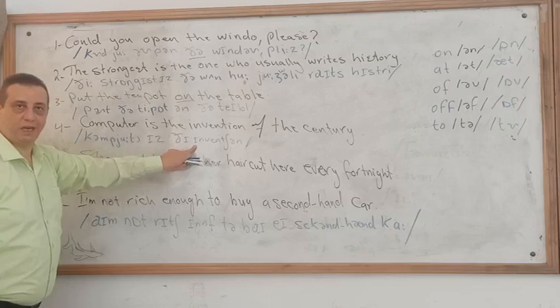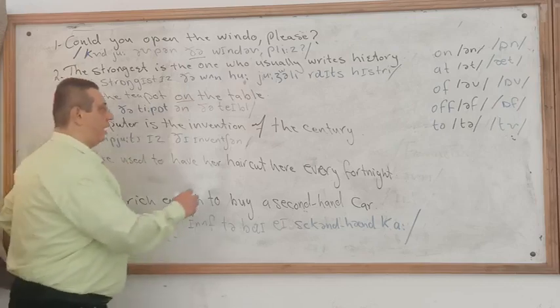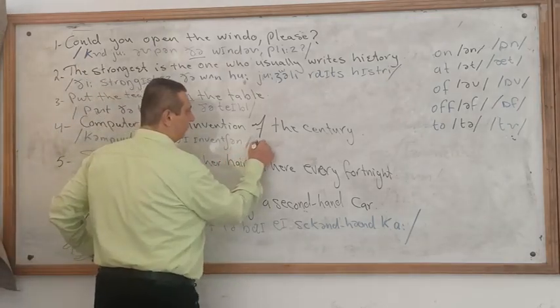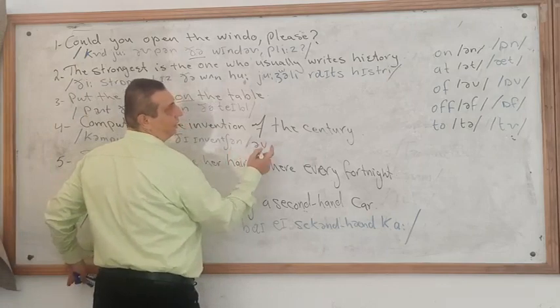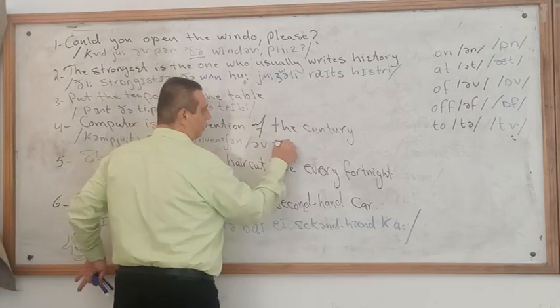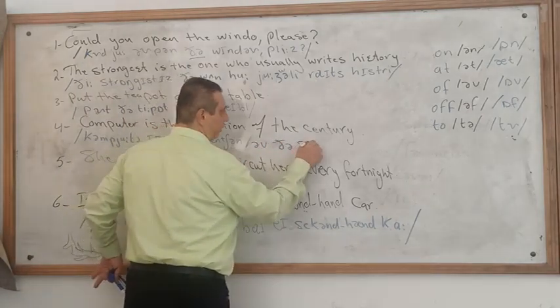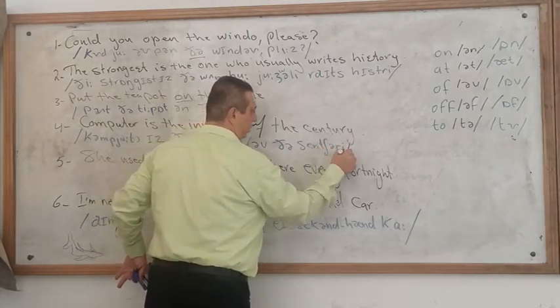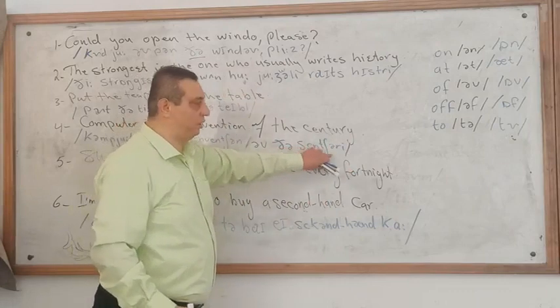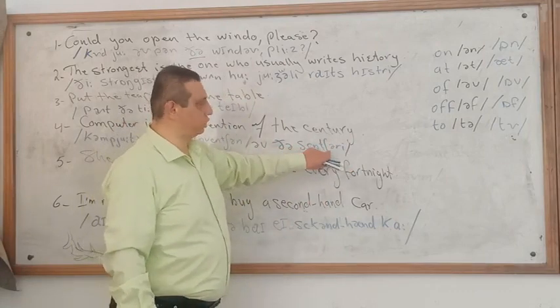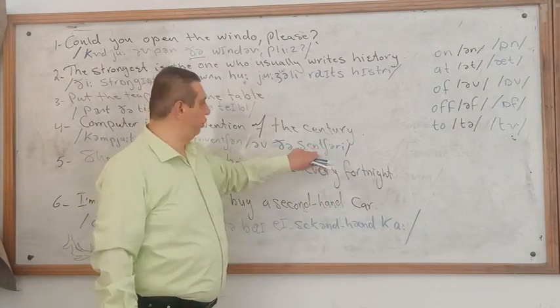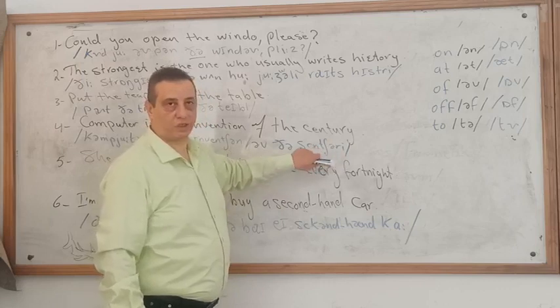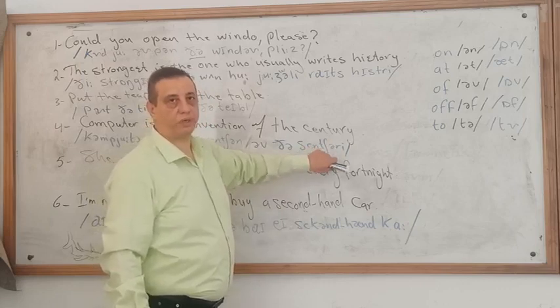Because it's followed by a vowel. Shrink the century. We can pronounce it as century or century without schwa. Century with a schwa. Century without schwa.